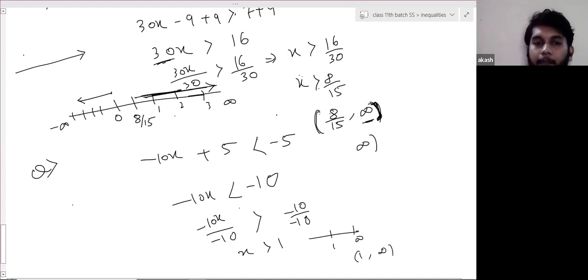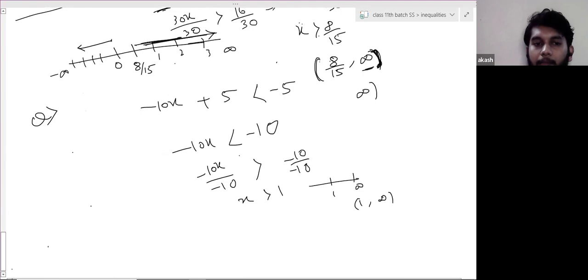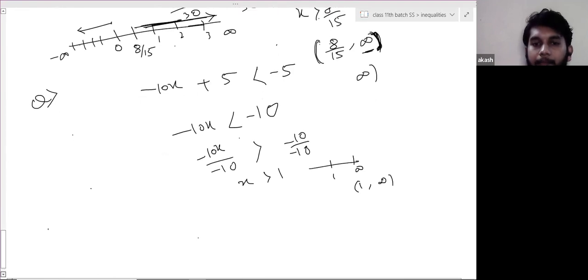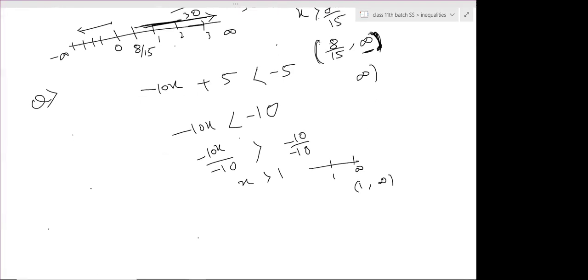Open on both sides. Next question. Three x plus 9 is greater than or equals to minus x plus 19. All right. Solve this. I need the answers in interval from both of you guys.